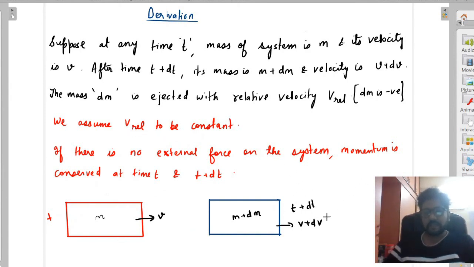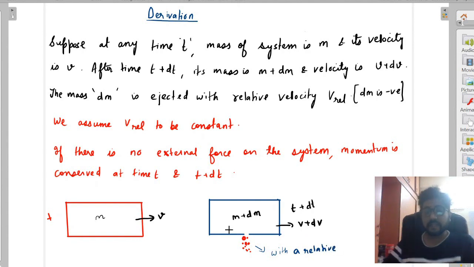So again I'll repeat what v relative is. This mass which is getting ejected is getting ejected with a relative speed.